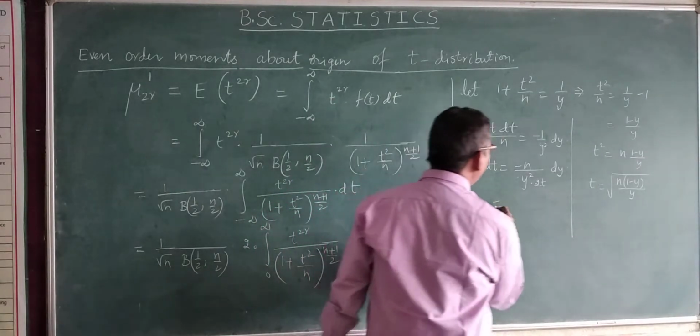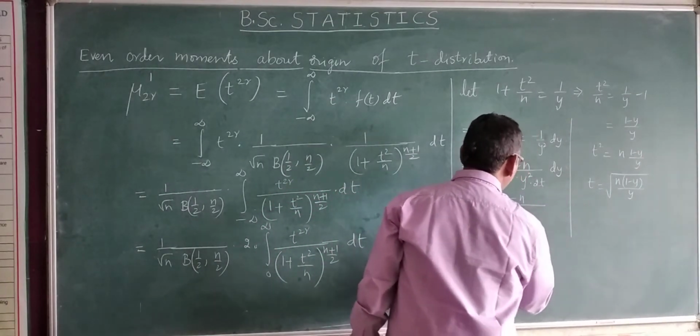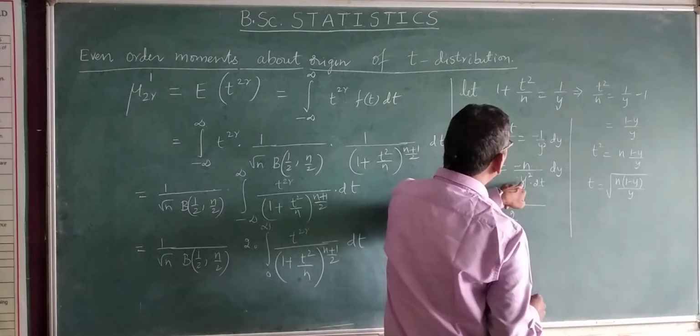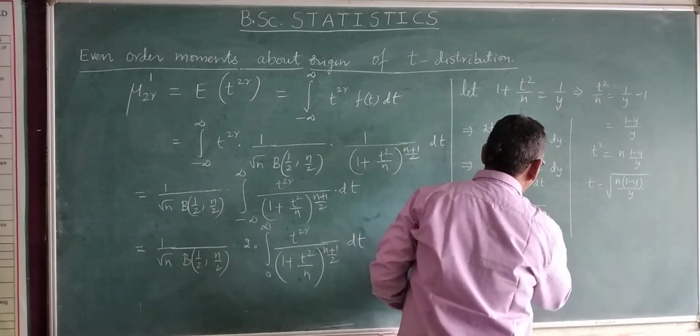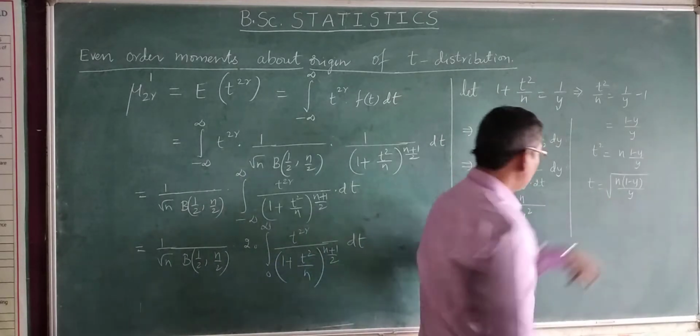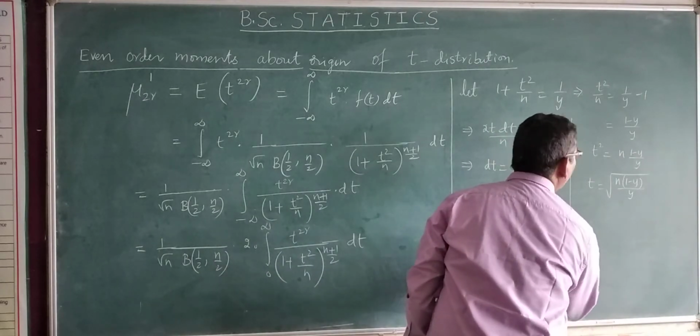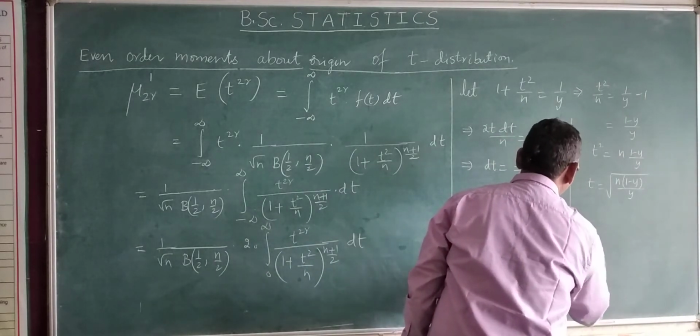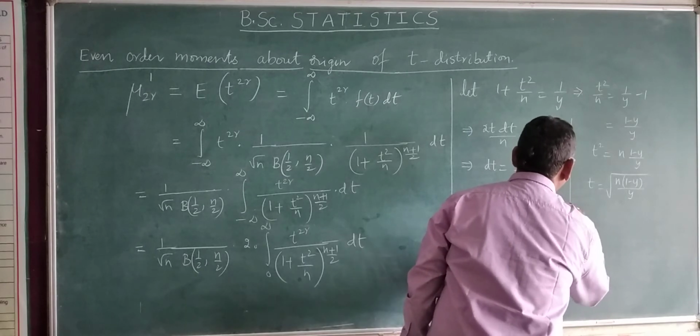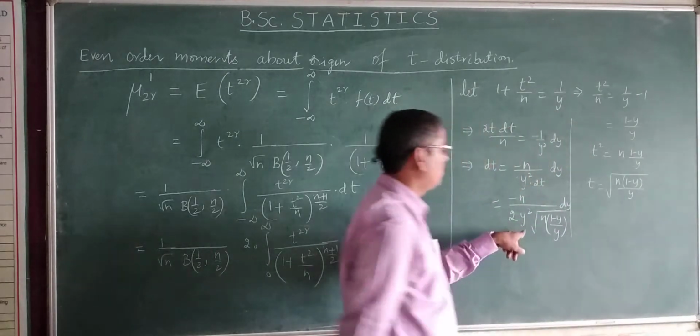So this is equivalent to minus n by, I am taking 2 here, 2 into y square multiplied by t, which is the square root of n into 1 minus y by y, dy. Do you understand this?